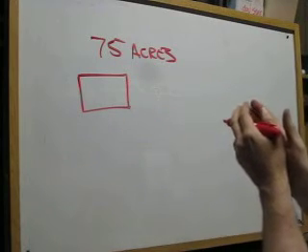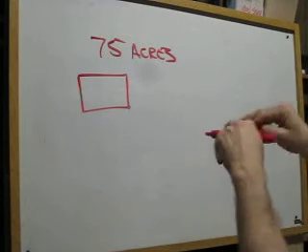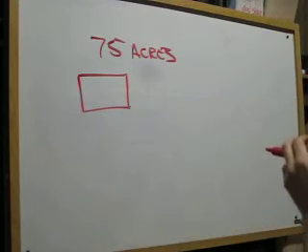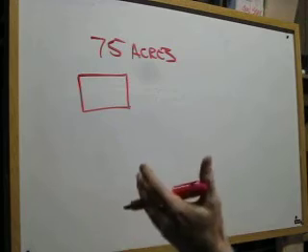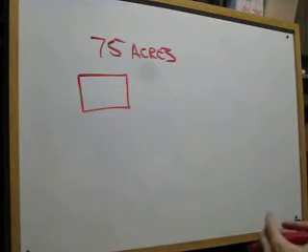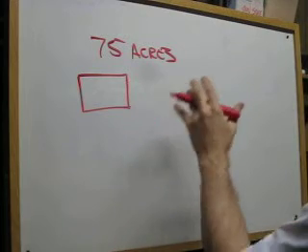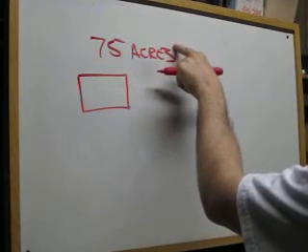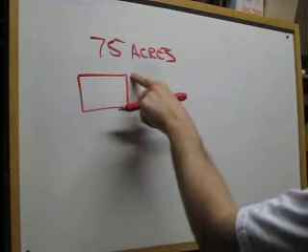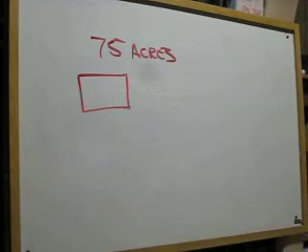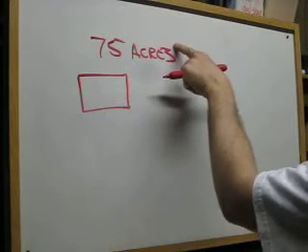But if we have an area, we have length and width, or length and height. But in an acre, the length and width are already taken into account. So 75 acres is in and of itself an area. So it doesn't need the 2 up here to show that we've got a length and a width. It's assumed that because it's an area, it is including the length and width. So that's why we don't have a number up here.